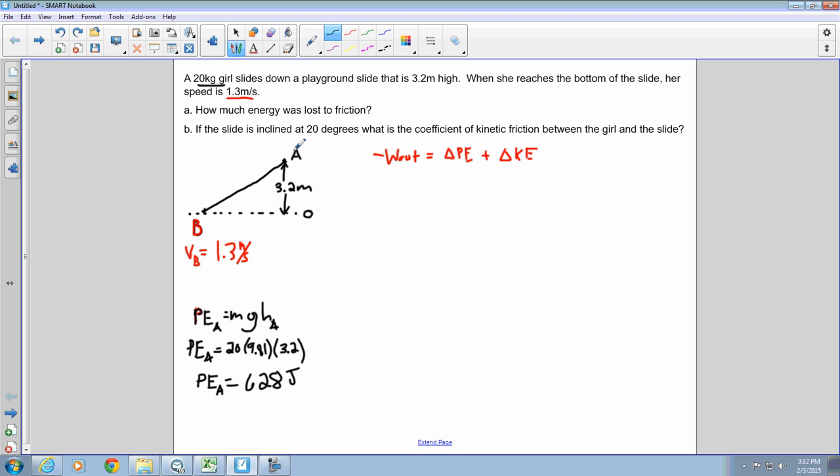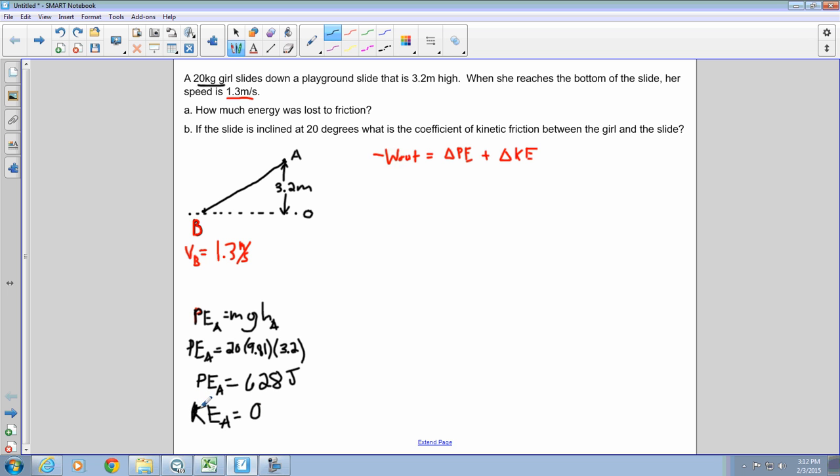Kinetic energy at A, she's starting from rest. When she slides down the slide, we're assuming she's not getting pushed down the slide and she's not giving herself a push. So kinetic energy at A, we're assuming the initial velocity is 0.